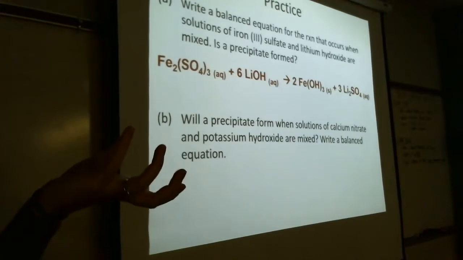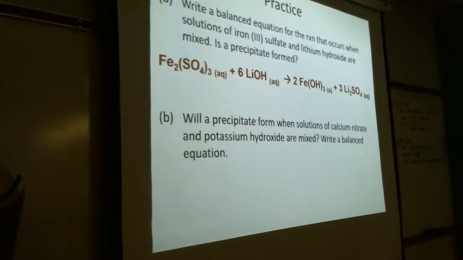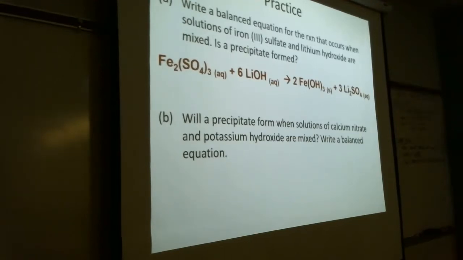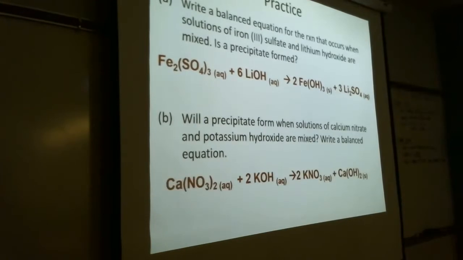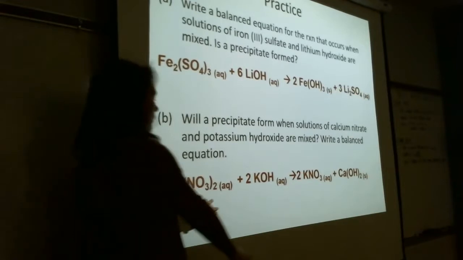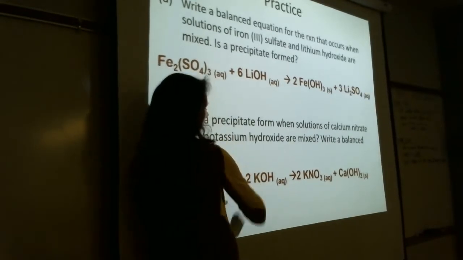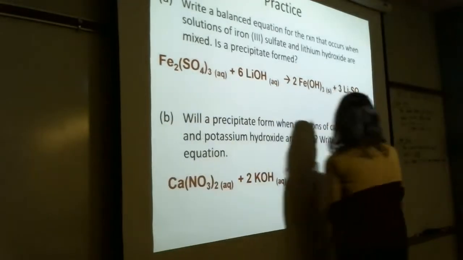If you had a metal and a solution like what we did in lab last week, that would be single displacement. Are you going to get a precipitate in B? Yes or no? Yes, you do. The precipitate is calcium hydroxide. You don't have to look up your two reactants because they are both solutions, but you do have to look up your products.